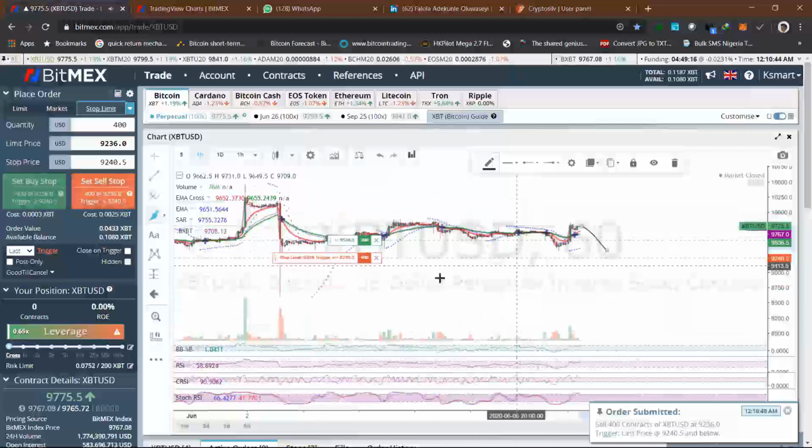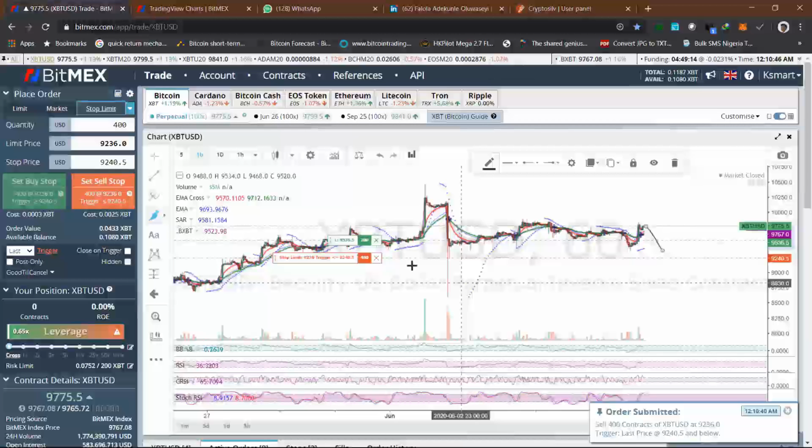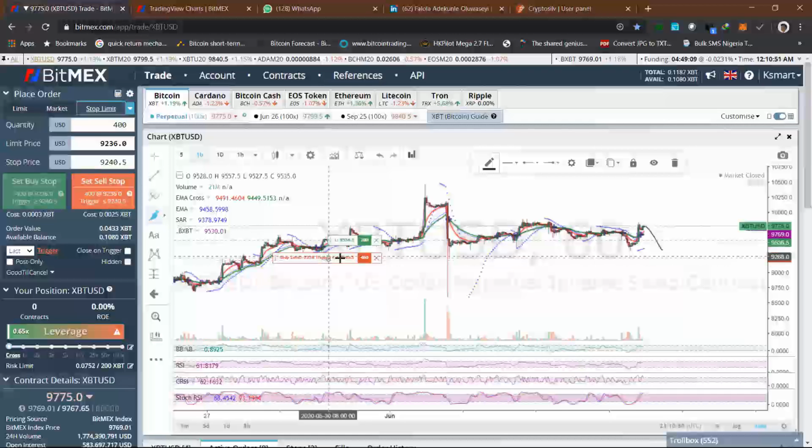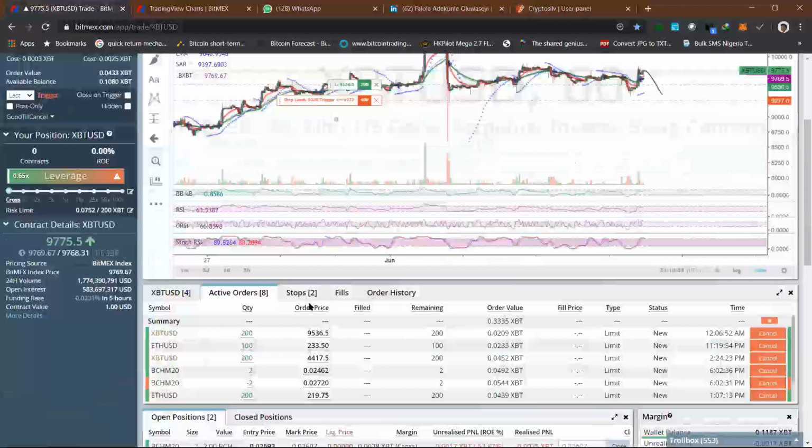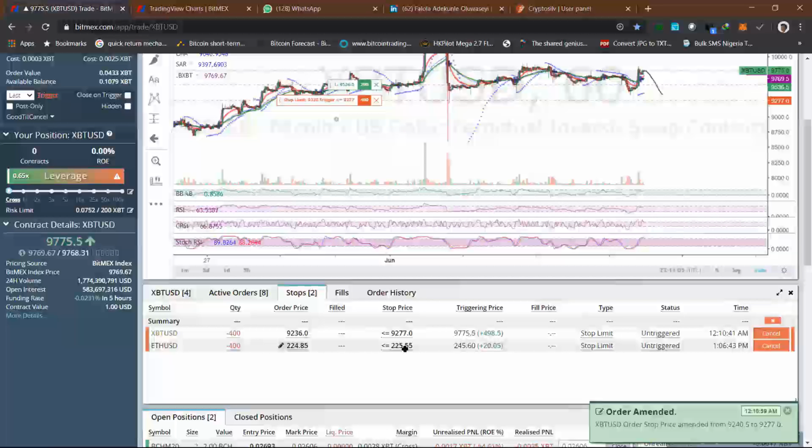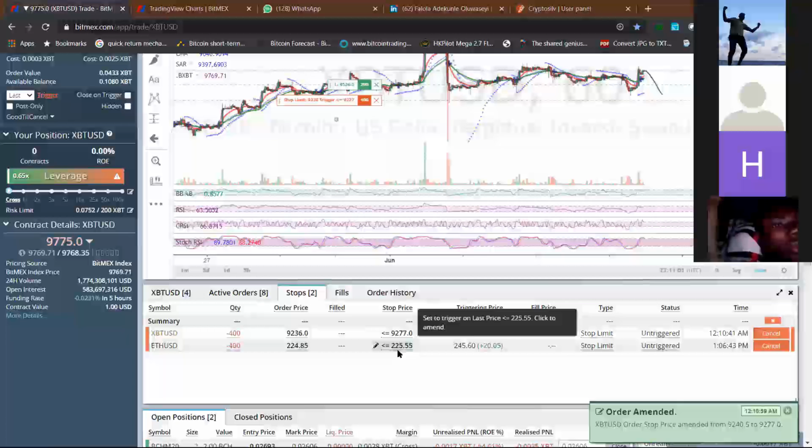And another thing I normally do: if you're going to adjust your trade, say when I place my trade and I feel it's too far, I adjust it. Make sure once you adjust, you come to your stop tab and adjust the price here as well. Because if you don't adjust the price, it's going to trigger, but it will not execute.